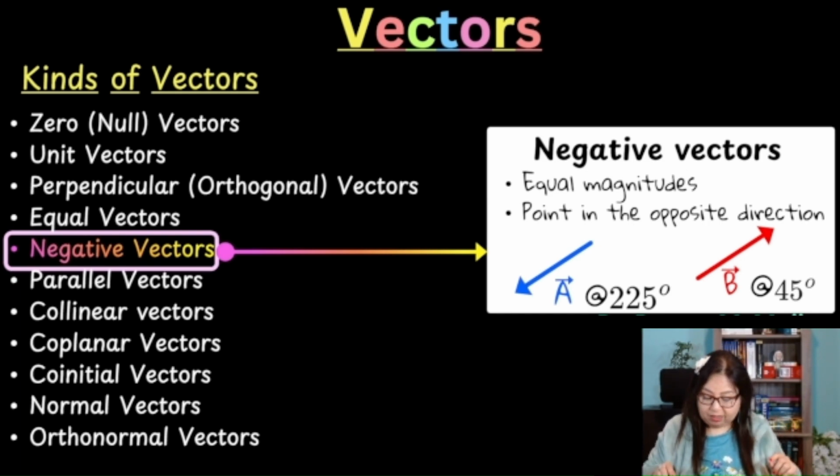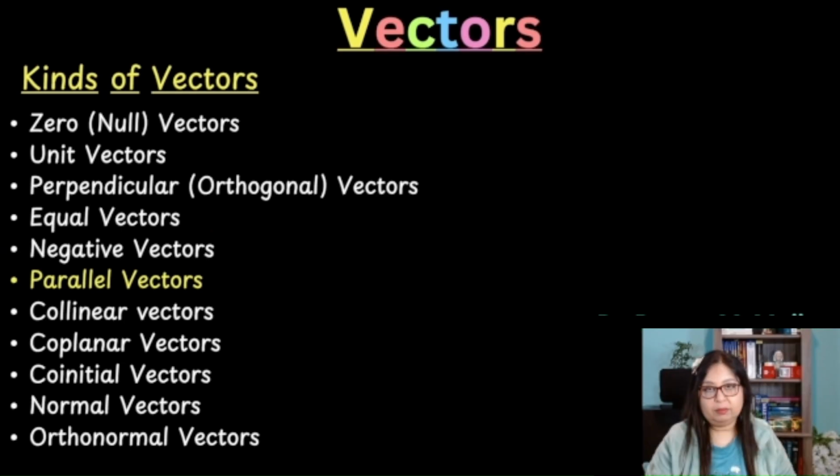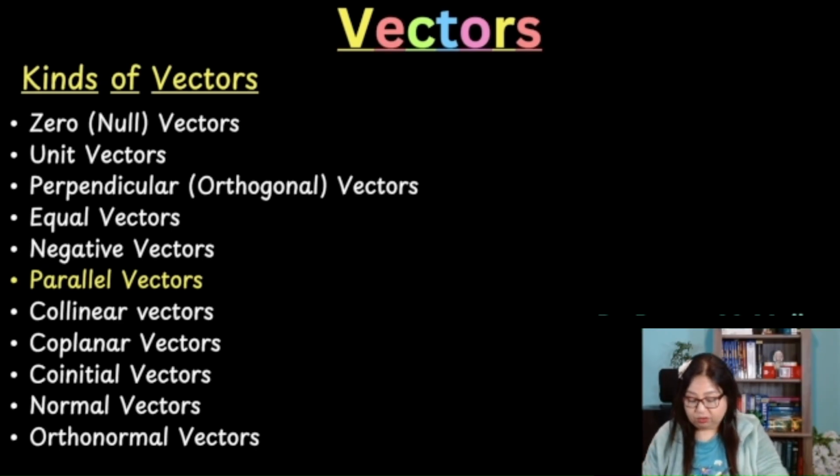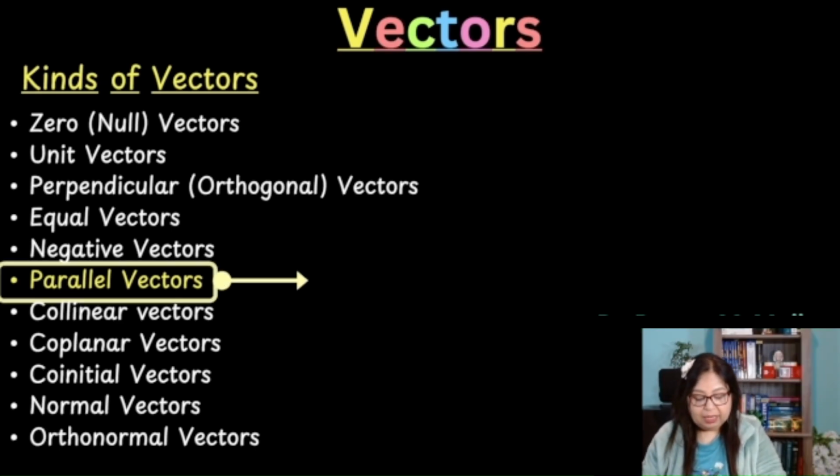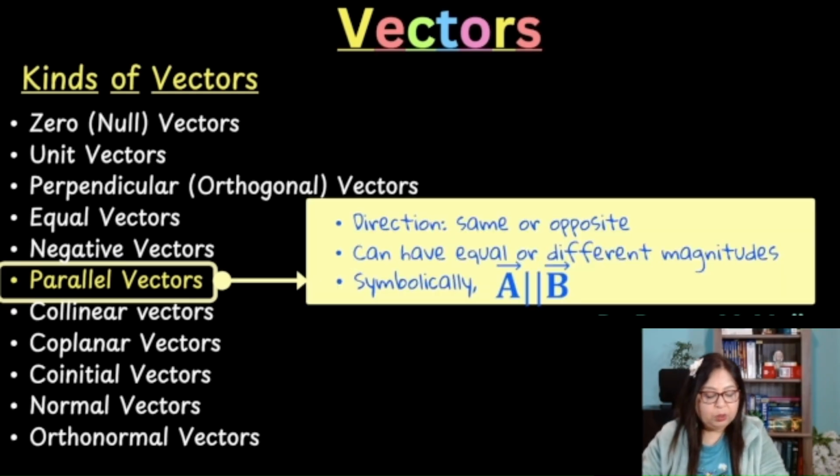Alrighty, what is next? Parallel vectors. I bet you can never guess what parallel vectors are. As the name tells, they are parallel to each other. They can be of the same or different magnitudes. They can be in the same direction, that is parallel, or they could be anti-parallel, which is also sometimes just called parallel.